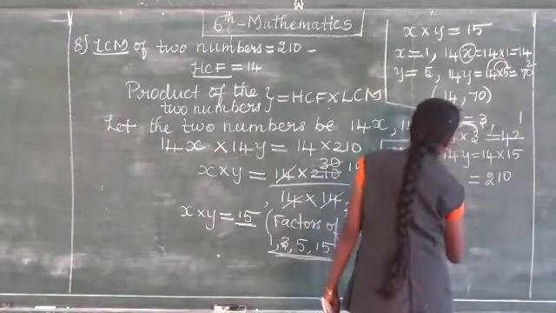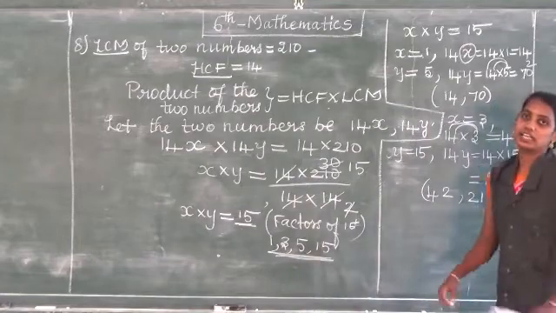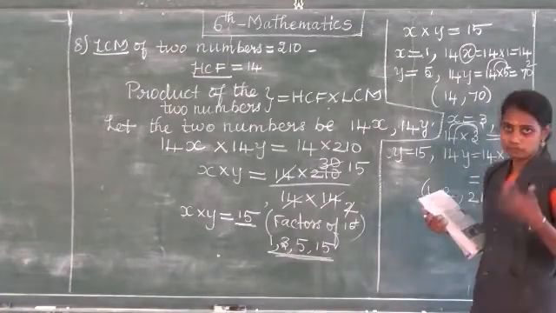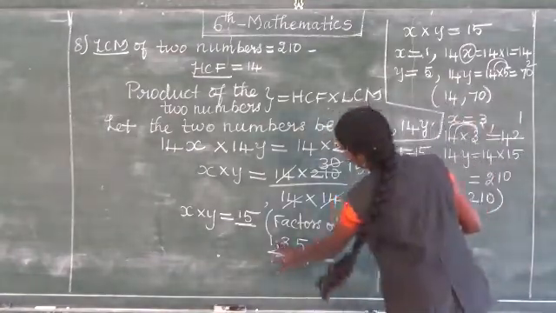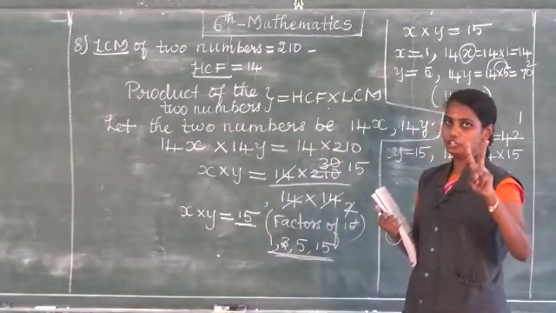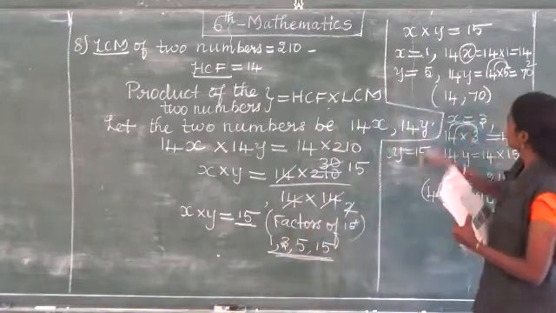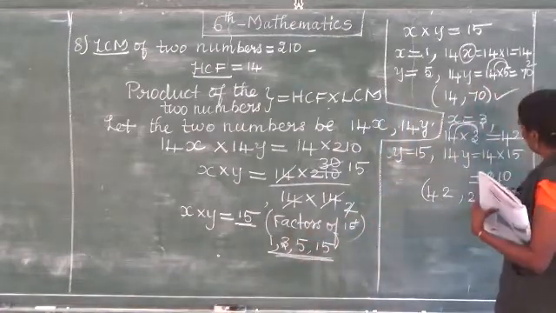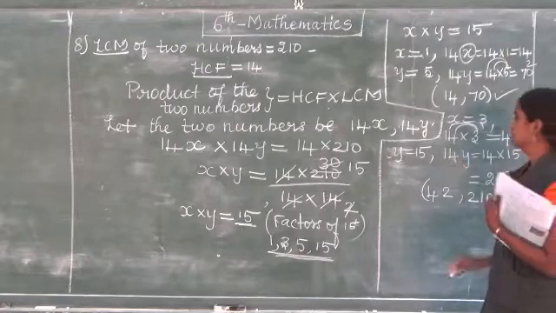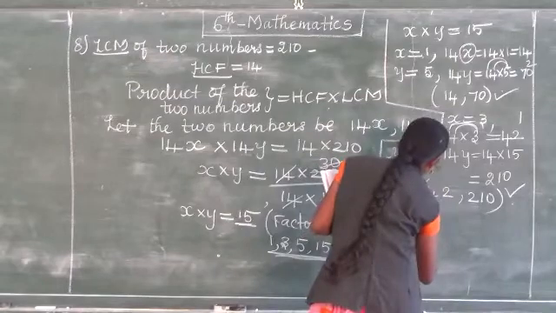So the next pair is 42 and 210. So we have only two pairs. Why only two pairs? Because we have only 4 factors. Four factors means you can find only 2 pairs. So the answer to how many pairs are possible is 2 pairs.